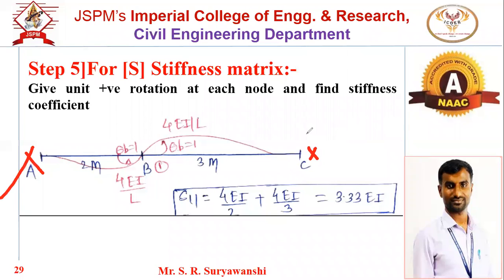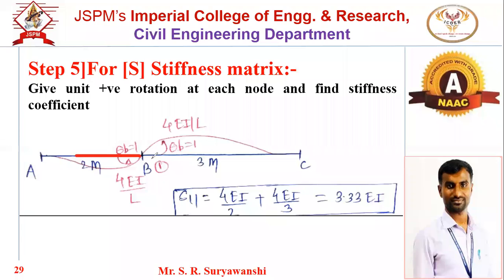So don't write 2EI by L at A and C, because we have only one node, and that is at B. Suppose in some case a second node is there at C, then we write 2EI by L at C only. Here we have only one node, so the moment generated is 4EI by L.